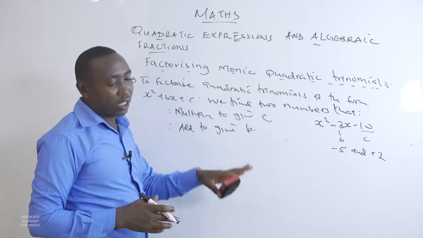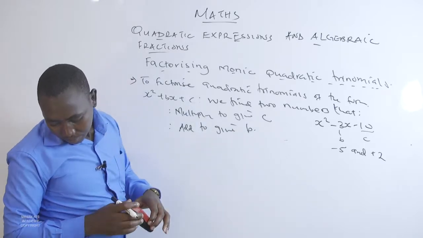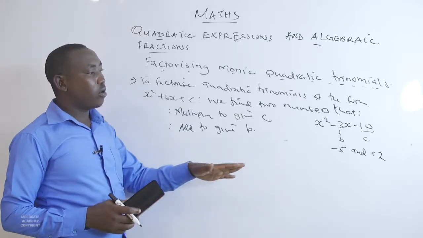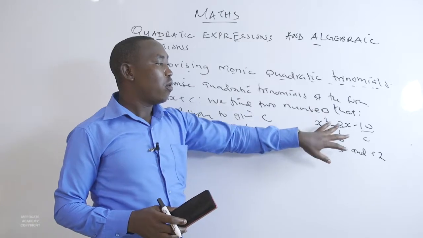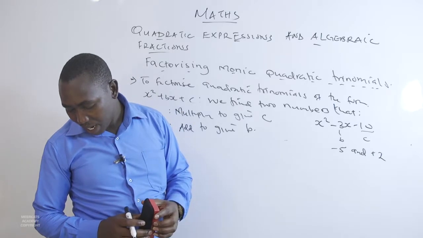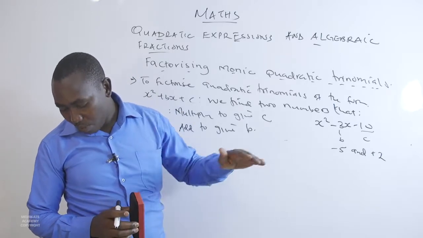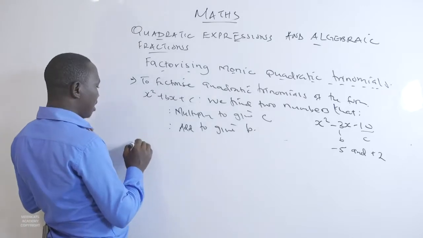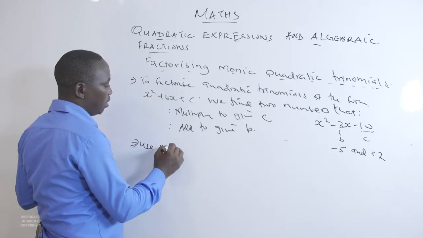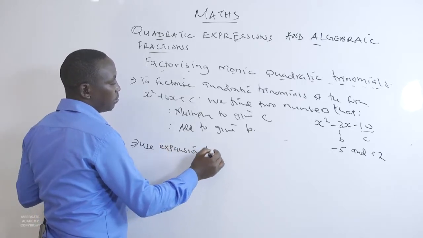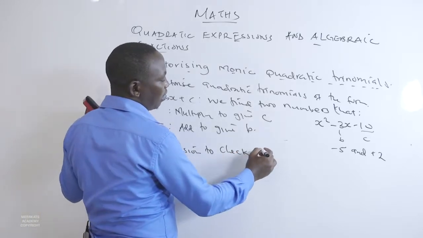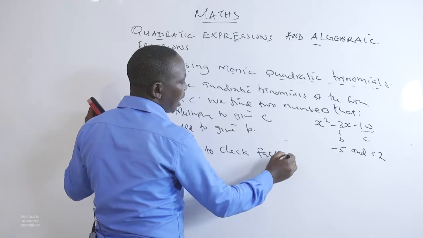After finding those numbers, what next? We now use an expansion, or we rewrite our expression where there is b, we insert the two numbers that we have found. Then next we use expansion to check your factorization if it is right.